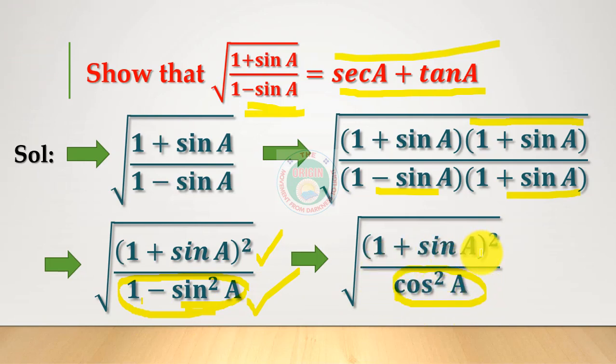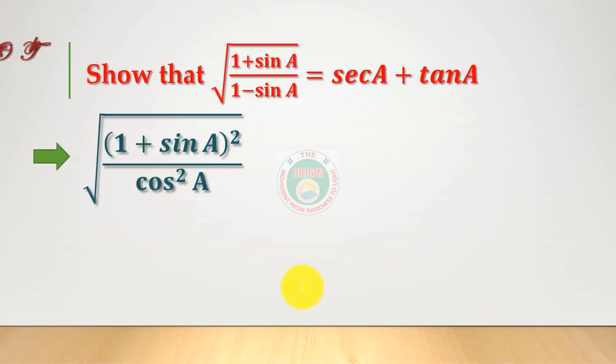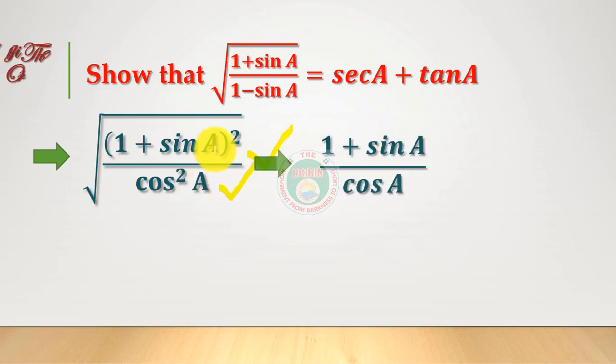The numerator is the same. Here the numerator and denominator both have squares, so you should write them under a combined square root: square root of (1 plus sin A) whole square by cos square A. That is the last step, and you should write it down in the combined step.